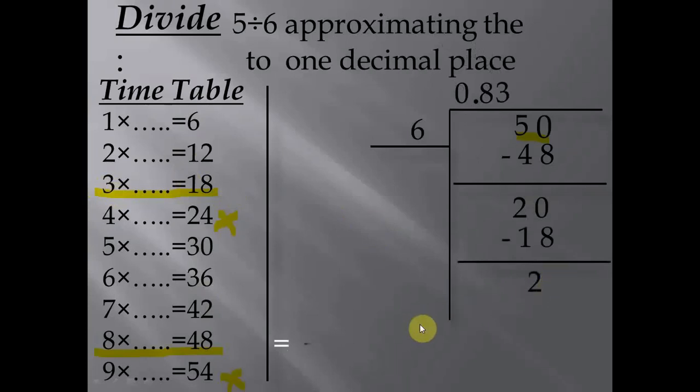Then 5 over 6 equals 0.83, and approximately equals, to 1 decimal place, 0.8. 3 is a poor digit, it does not give 8 a 1, because of that 8 is still 8, and 3 becomes 0. Thank you for listening and goodbye.